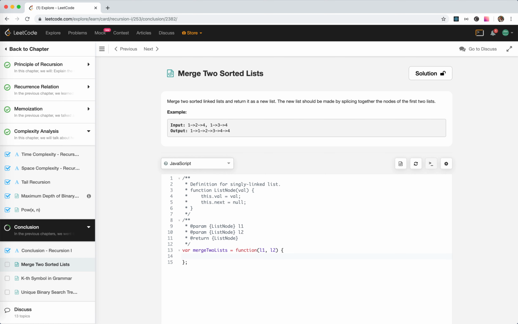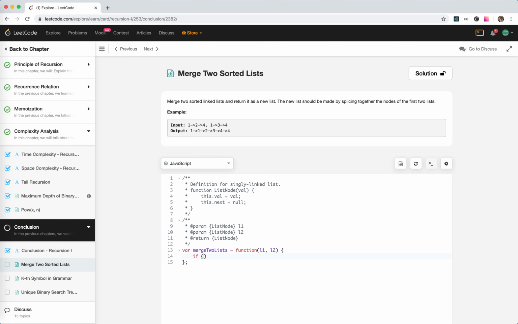We just compare the first two nodes, find the smallest one, so that's the root node we can return, and we just merge the rest. And when that is done, it will get another smallest one, so we can just set it to the next, right?